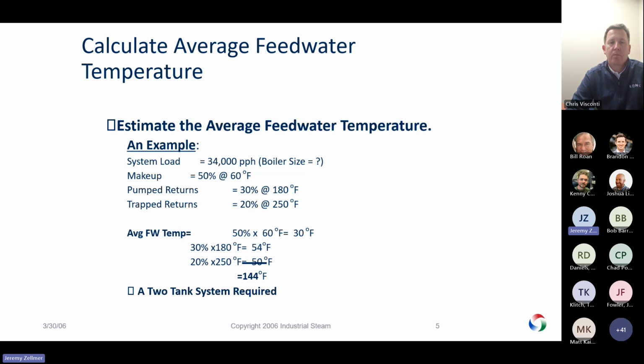Sum the total energy and divide it by the total mass of the feed water to determine the actual average feed water temperature. As you can see by the simple equation that we've put down here, it's kind of what we look at in trying to figure that out.